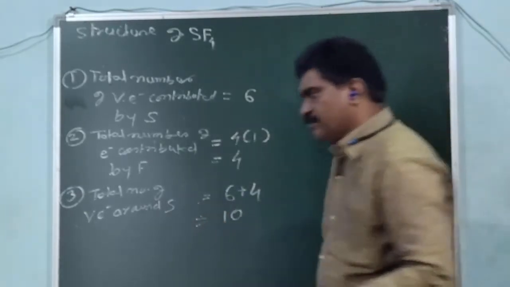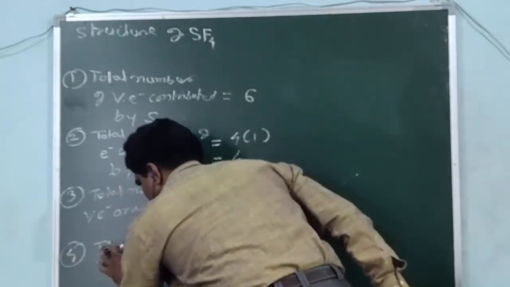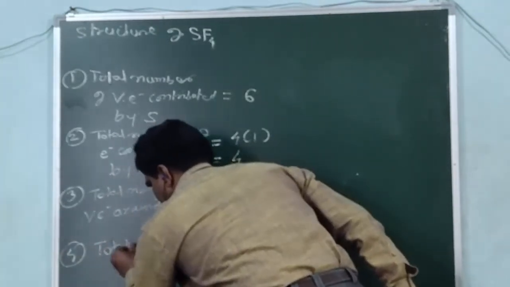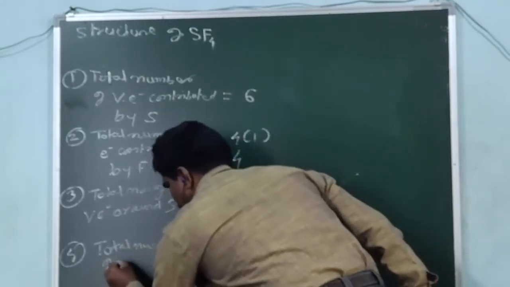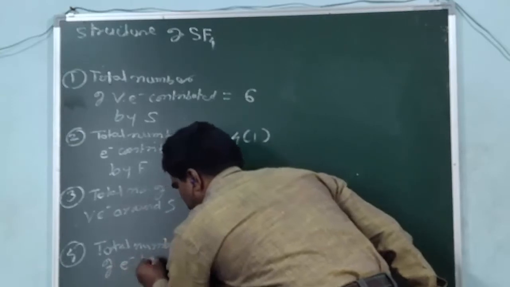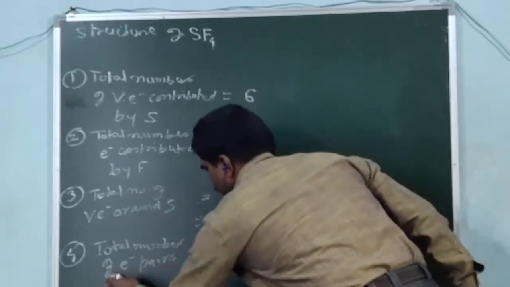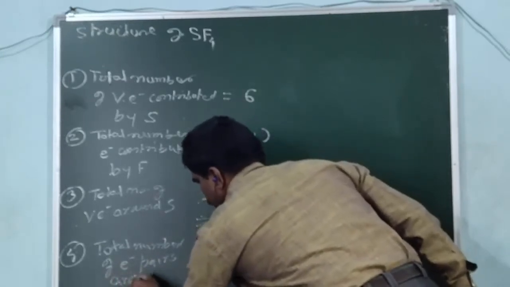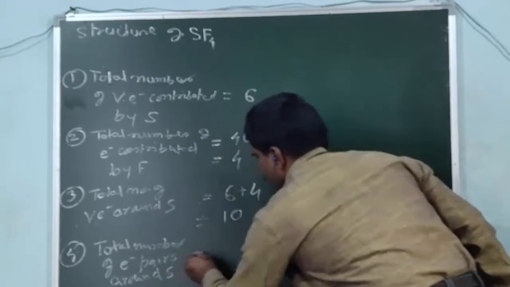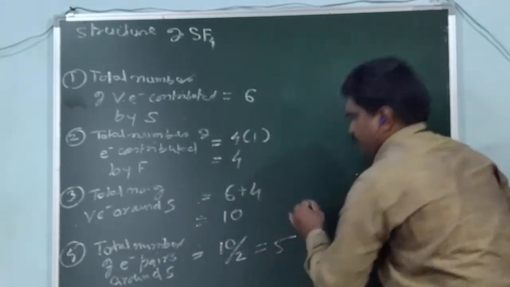So we can easily calculate the total number of electron pairs around sulfur. That will be equal to 10 divided by 2, that is equal to 5.